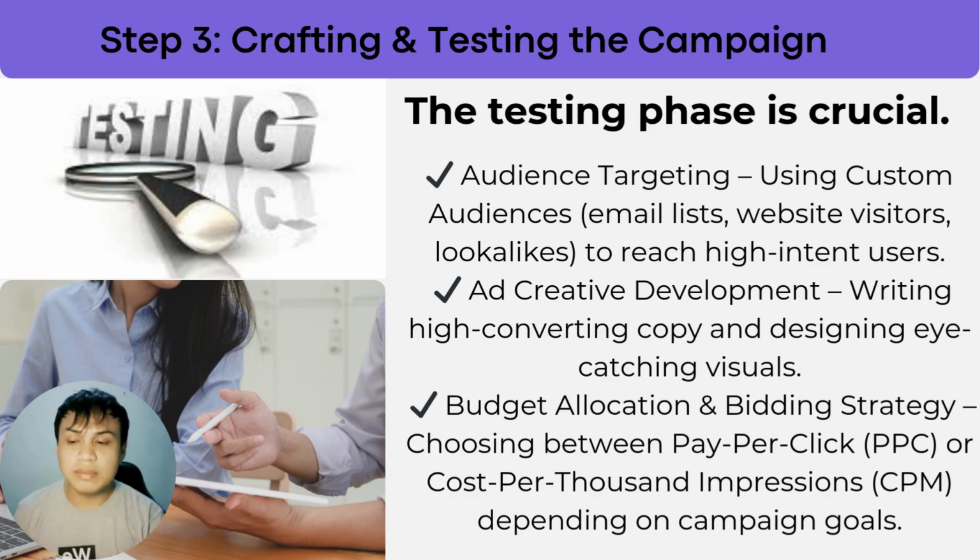So this is selecting between the pay per click, the PPC, for direct actions, or the CPM, the cost per thousand impressions, for brand awareness. Now, at this stage, I closely monitor the CTR, the click-through rate, the CPC, the cost per click, and then there's the CPA or the cost per acquisition to identify what's working and make adjustments accordingly.